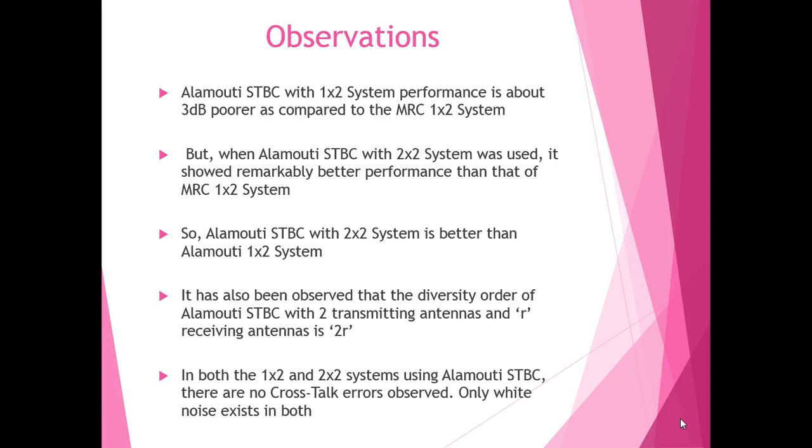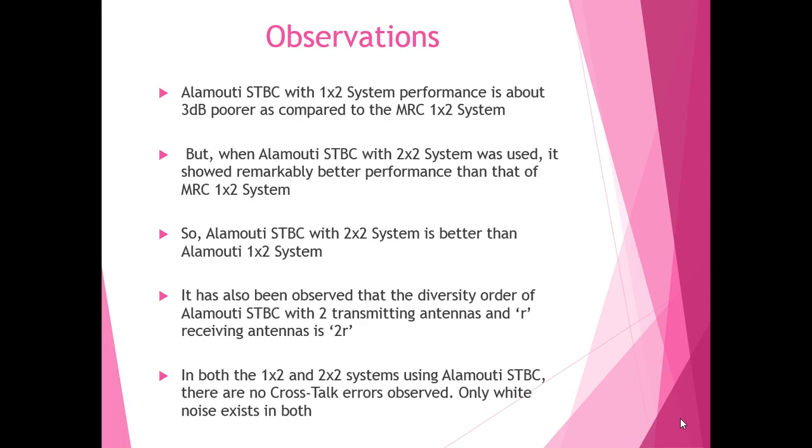So we can clearly observe the following. Firstly, the Alamouti STBC 1x2 system performance is about 3 dB poorer as compared to the MRC 1x2 system. However, when the Alamouti STBC 2x2 system was used, it showed remarkably better performance than that of the MRC 1x2 system.